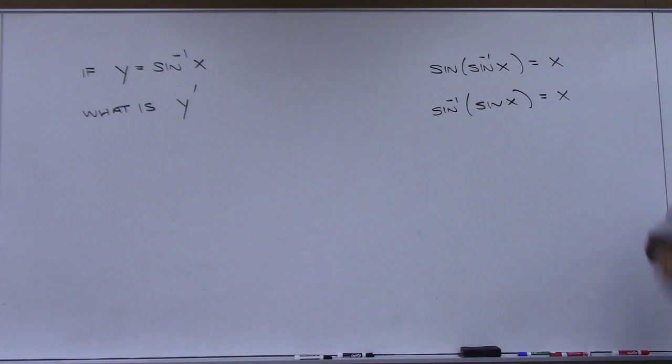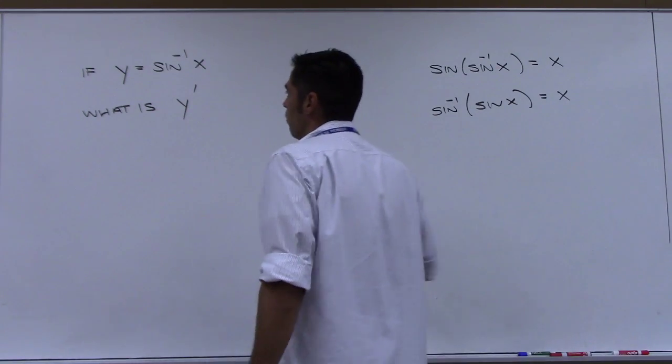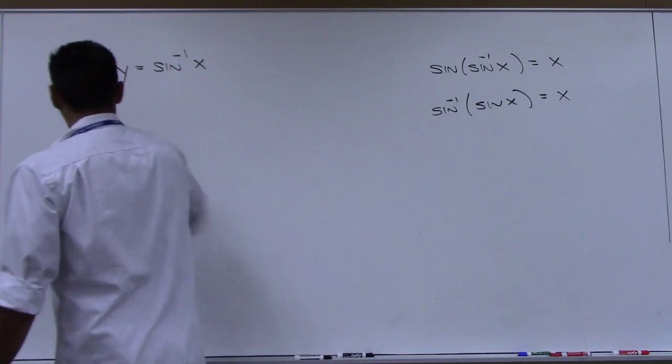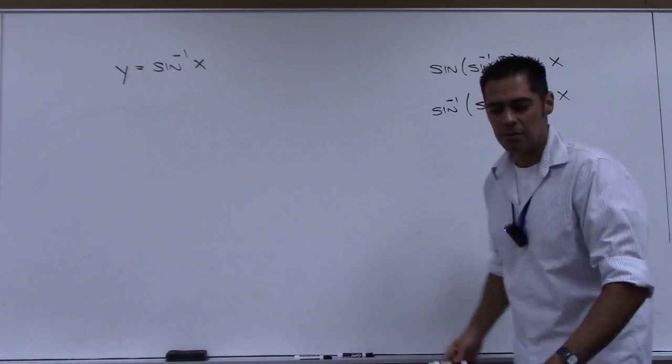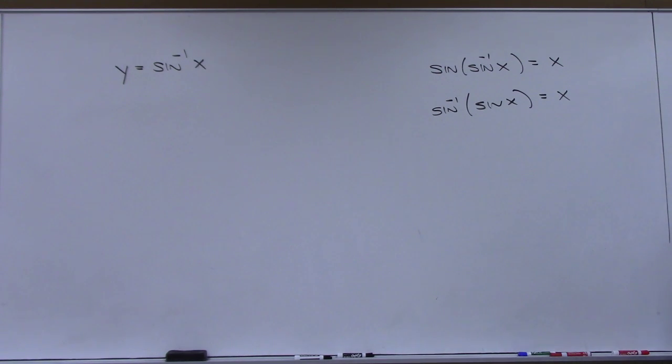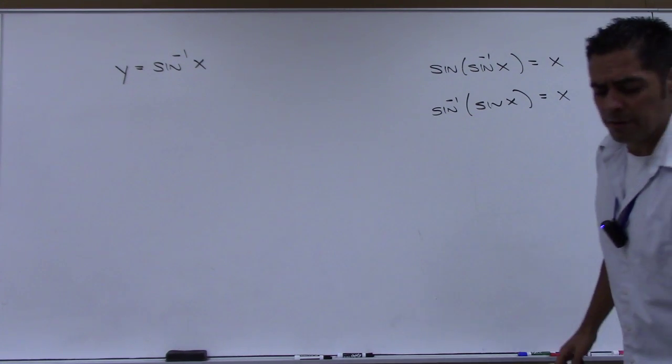All right, using that, I want to find out what y prime is. Anyone have a guess as to what I'm going to do? I can give you a hint. In logarithmic differentiation, we messed with both sides in order to make this happen. I'd like to mess with both sides here, but not with log.